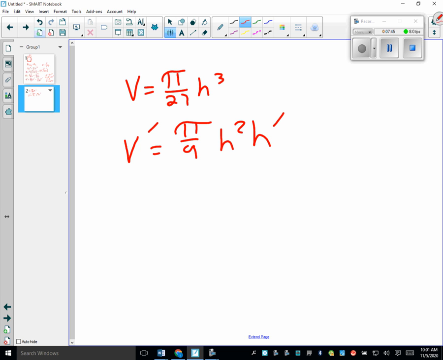It says find volume in terms of h, which means V equals something with h in it. Oh, I thought it meant you wanted h with the volume. No. So does that answer that question? So you should be able to get that one.